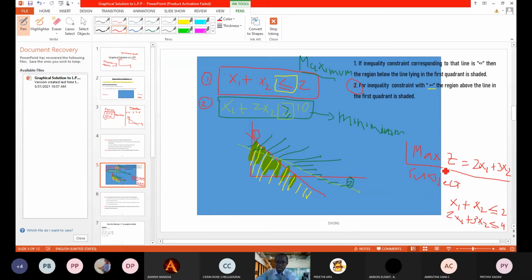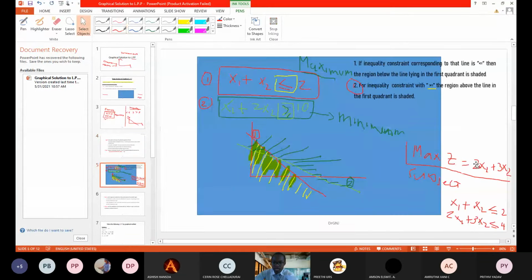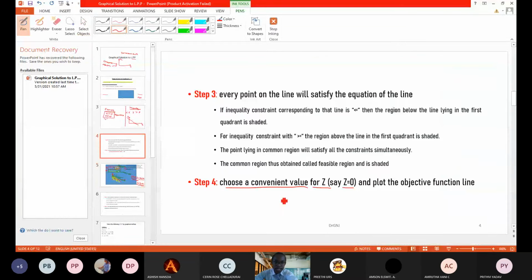Step number 4 says choose a convenient value for z, say z is equal to 0. Look at this example: max z, where z is equal to 2x1 plus 3x2.